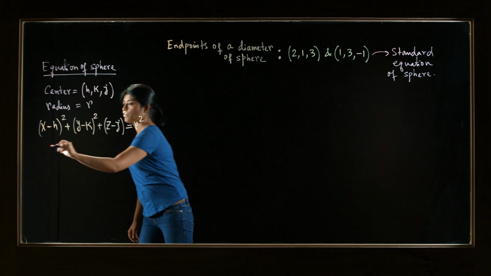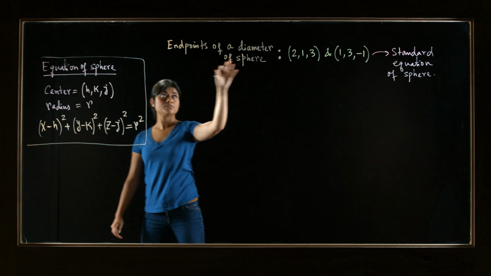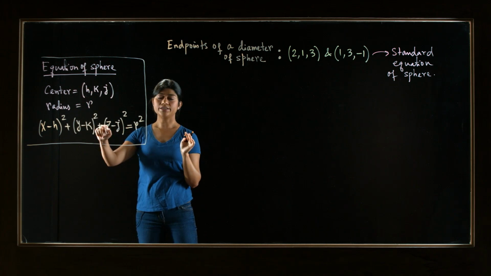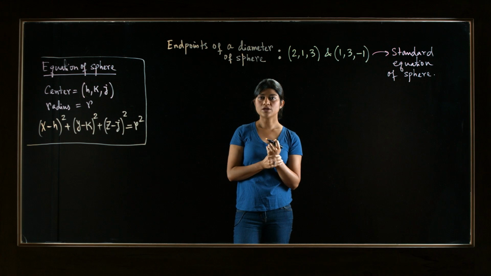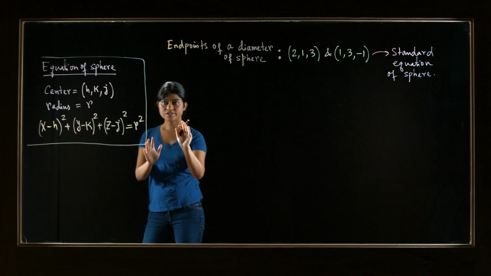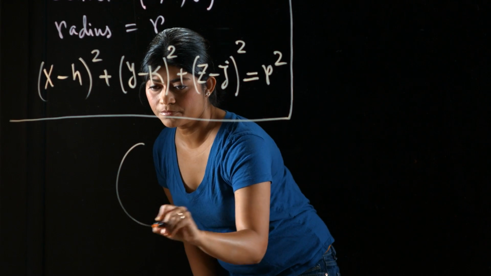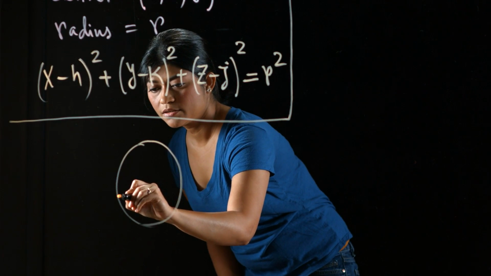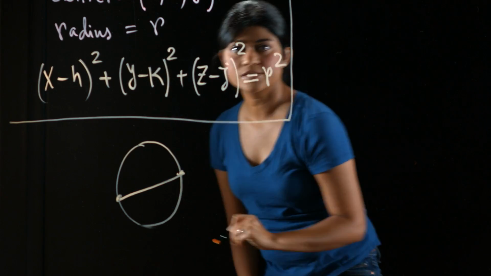All right. So to write down the equation of the sphere, all we need to do is figure out the center and the radius. And we are just given these 2 points. So how do we compute the center? Notice carefully, we have a sphere, say a rough sketch, and the endpoints of the diameter are given to us.